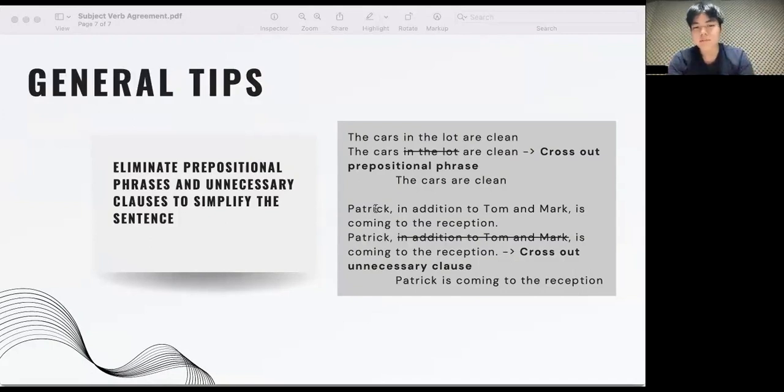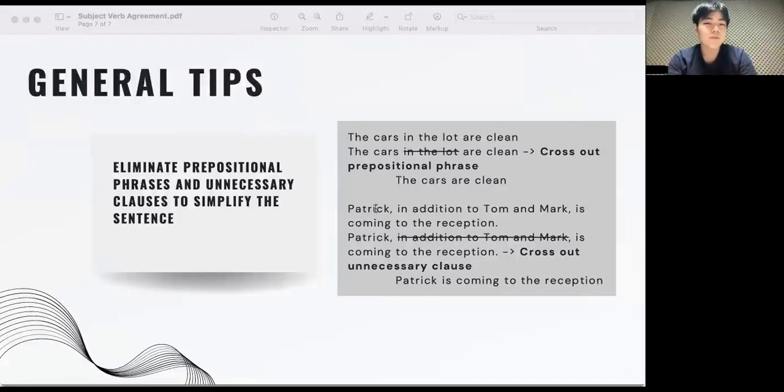Let's look at the examples to get a better picture of what this looks like. Taking the sentence, the cars in the lot are clean, and being able to identify the preposition in and subsequently the prepositional phrase in the lot can help us simplify the sentence down to the cars are clean.